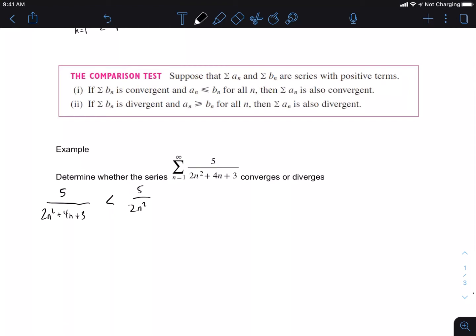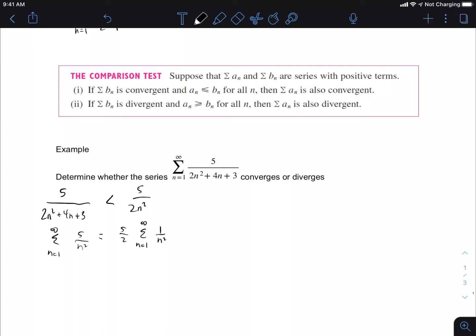So the same number divided by a smaller denominator is going to obviously be bigger. So then what we can show is that our sum of this 5 over 2n squared is going to be equal to 5 over 2, the sum going to infinity of 1 over n squared.